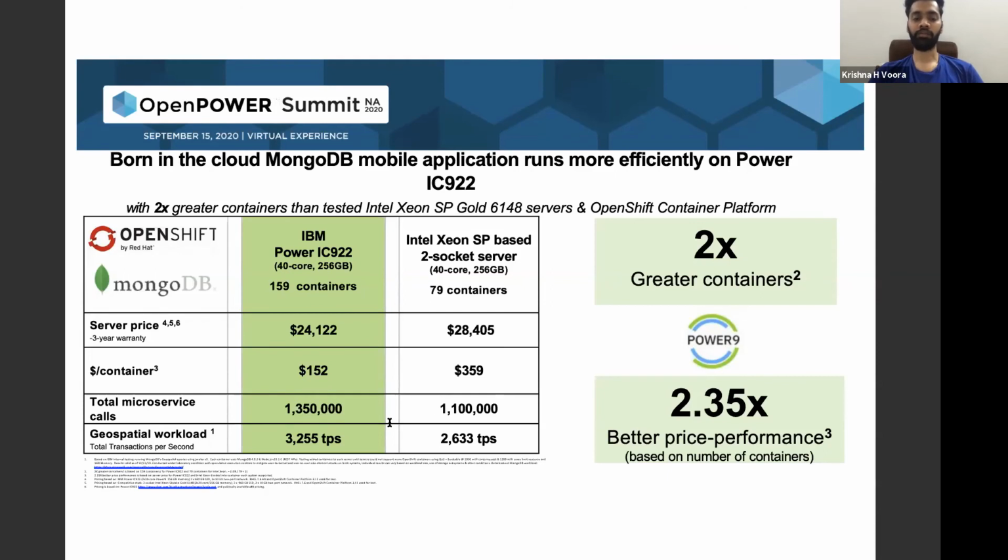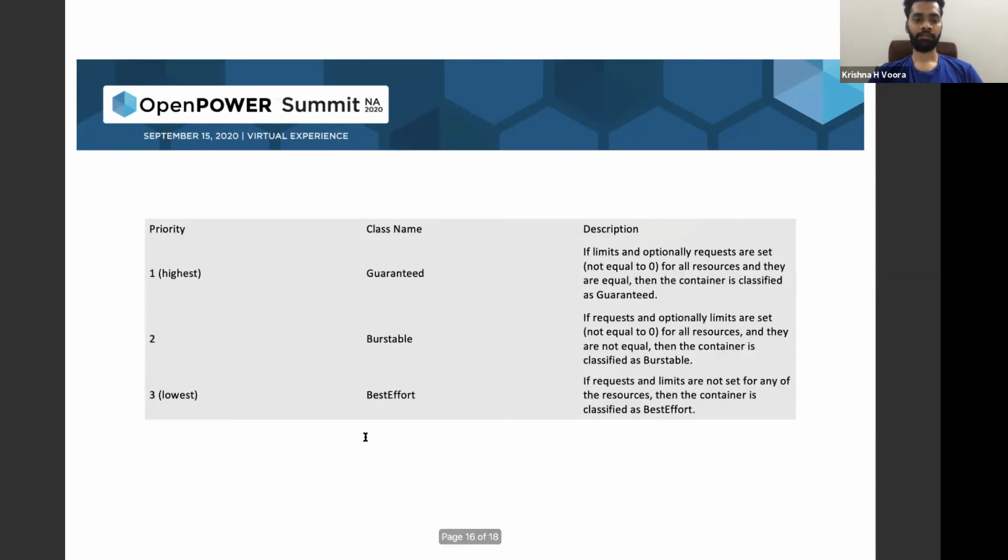Based on that, we could drive more transactions per second as compared to default QoS, which I think is burstable, if I'm not wrong, or best effort.